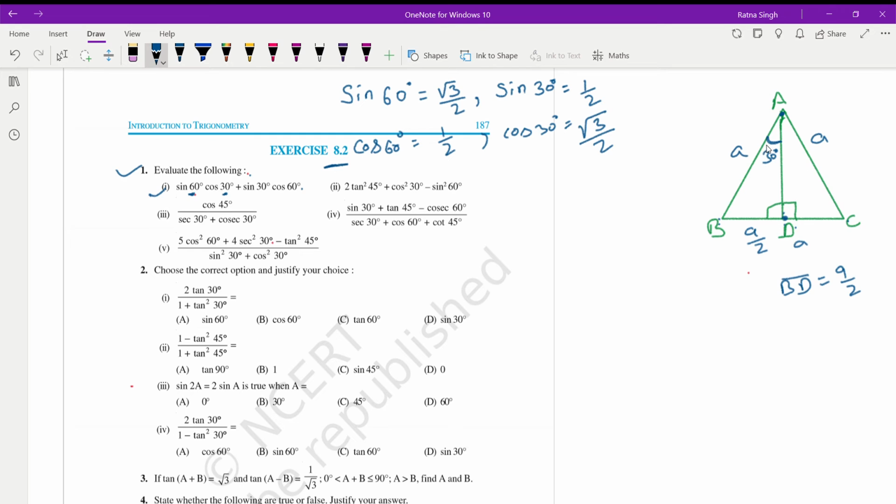So for this angle 30 degree, this is the base, and we can write A square, that is hypotenuse square, is equal to A by 2 whole square plus base square, and that base square is A square minus A square by 4, shifting this side, is equal to B square.